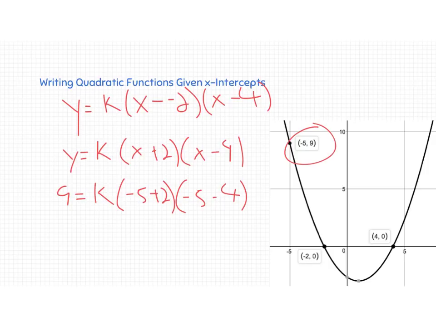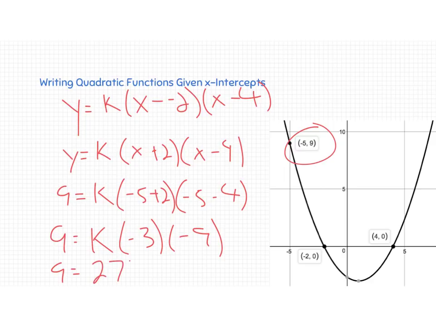So I get 9 equals k, negative 5 plus 2 is a negative 3, and negative 5 minus 4 is a negative 9. Then 9 equals k, negative 3 times negative 9 is 27, so we get 27k.